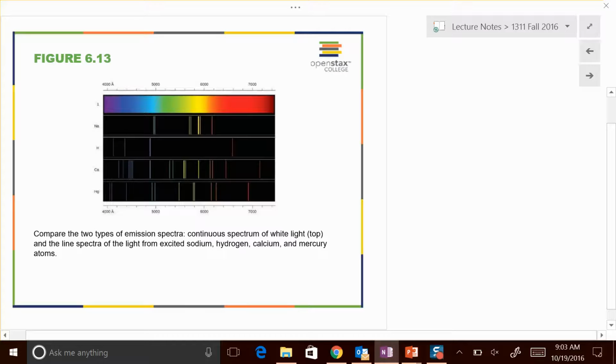Okay, so here are the light spectrums of sodium, hydrogen, calcium, and mercury, and you can see the electrons positioned at different places based on their excitement and relaxation, and they're releasing that light energy, and you can measure it. So this is what Bohr was doing. Bohr was measuring those positions, trying to identify where the electrons were.